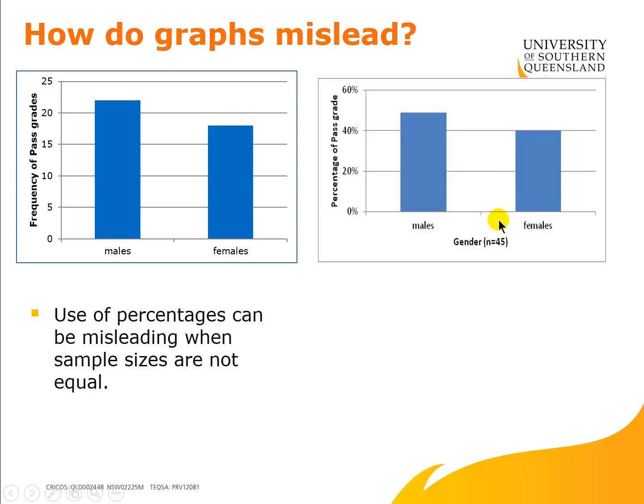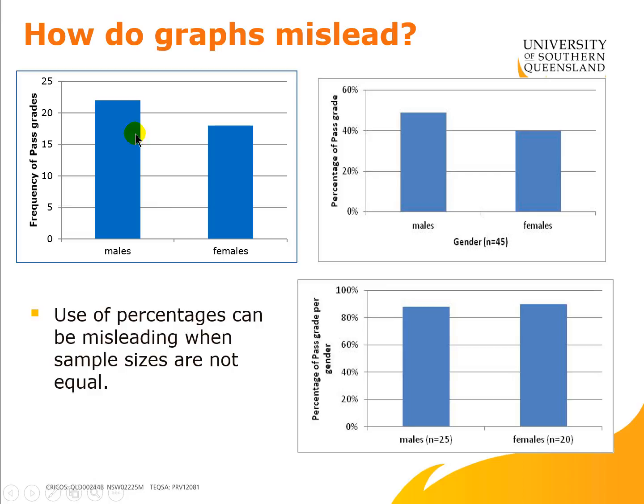Another way I could plot this is to say there were 22 males who passed and 25 males who sat the exam. So this is the proportion of males who passed out of the total number of males who sat the exam. And this is the proportion of females who passed out of the total number of females who sat the exam. So you can see how these bars look quite different.